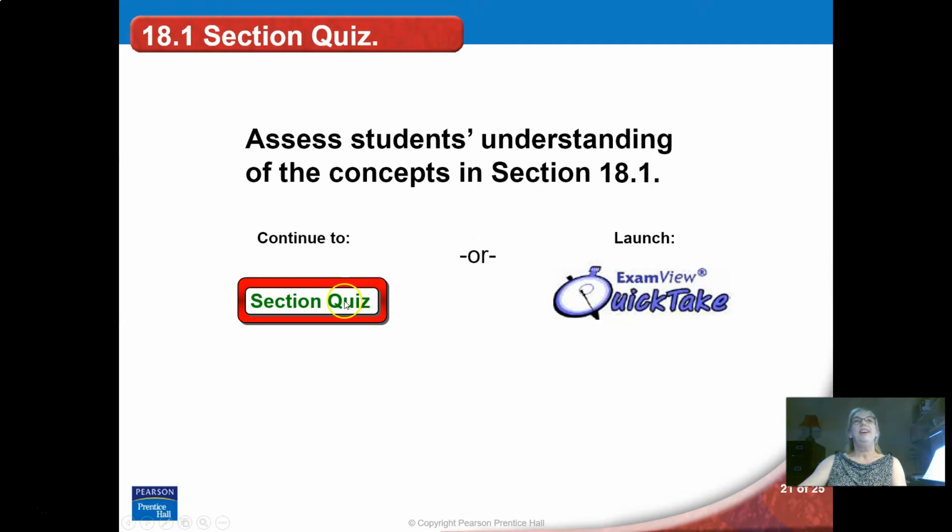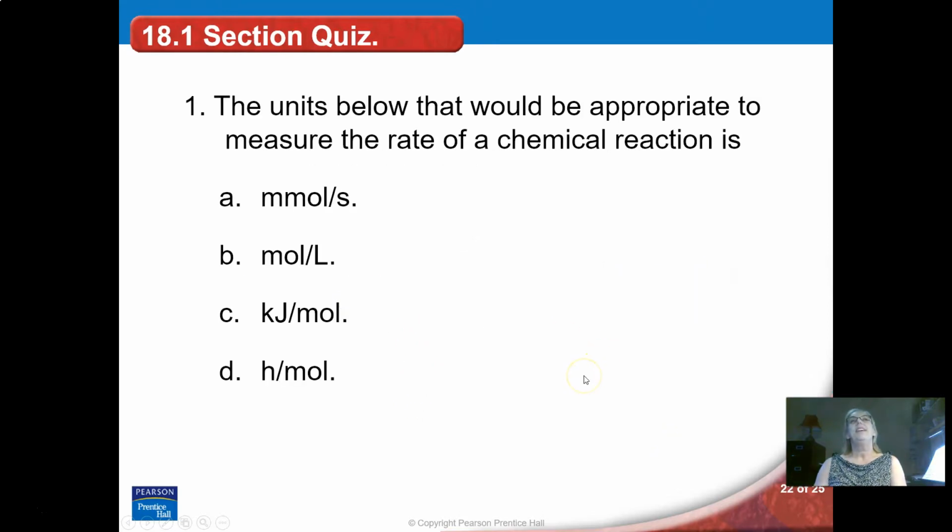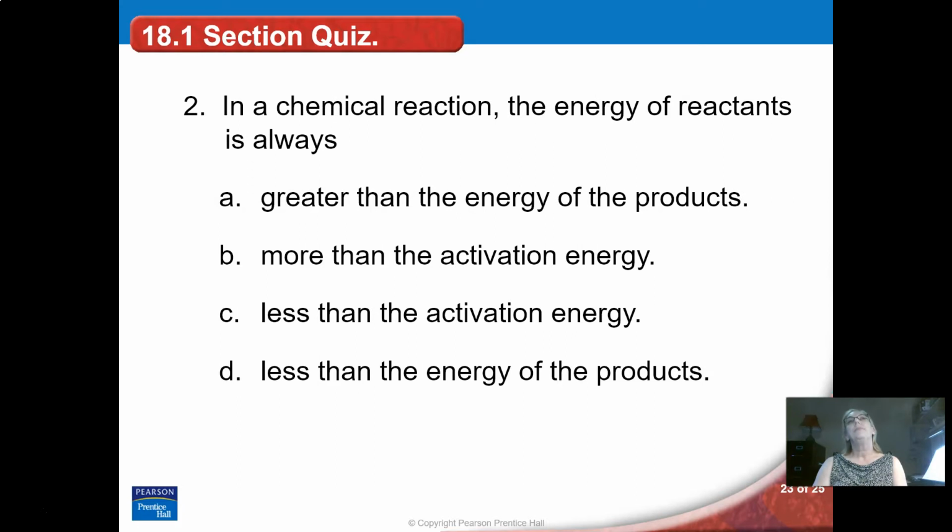Let's see how much you got out of this. Look at that and try to figure out what the rate would be. We measured in millimoles per second because we're looking at concentration over time. That's the only one that had a time in there. In a chemical reaction, the energy of reactants is always... this one is talking about activation energy.